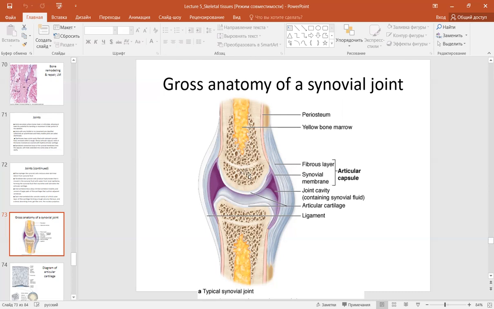Then the synovial joint cavity and the synovial membrane, which provides the cavity with the synovial fluid.